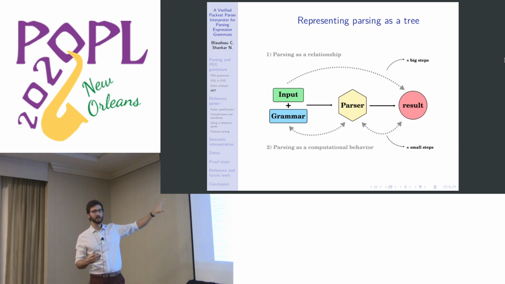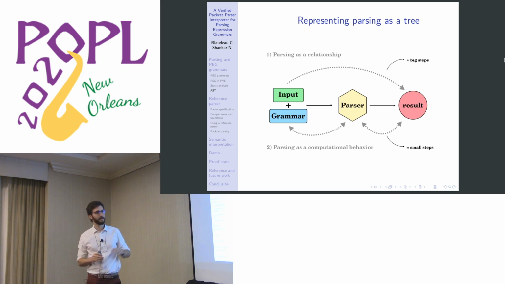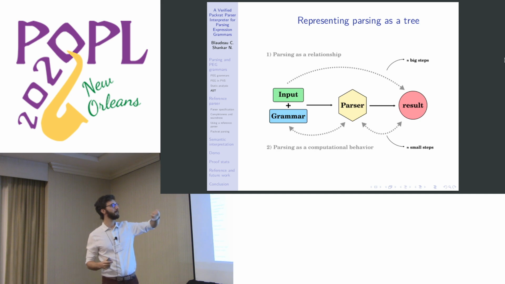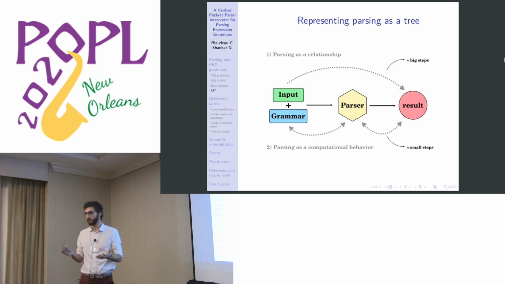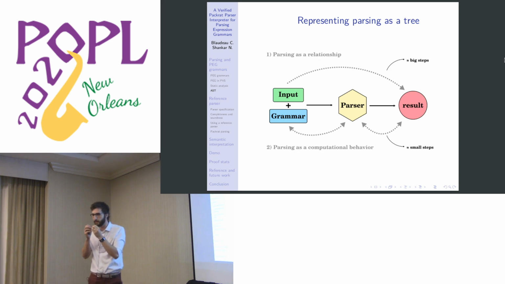Parsing is either a relationship between input, grammar and the result, or parsing is a computational behavior, so the computational path of the parser alongside every choice that the parser made trying to parse the input. And even though the relationship, the big step semantics, is quite an interesting and intuitive definition, we chose to go for the small step semantics in order to have an effective proof of the behavior of the parser.